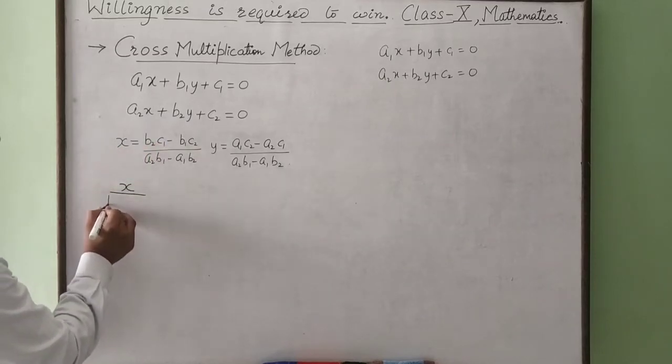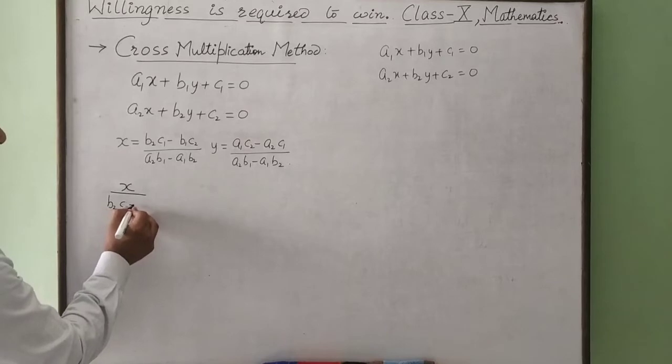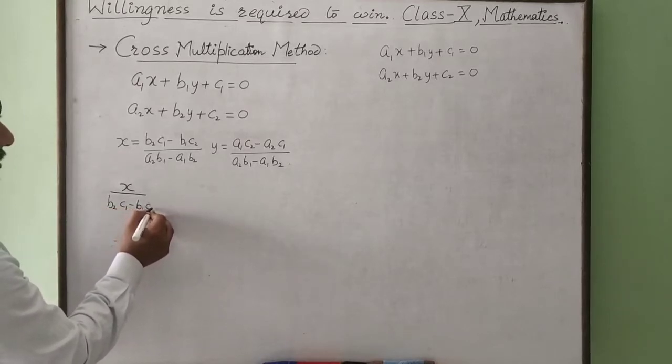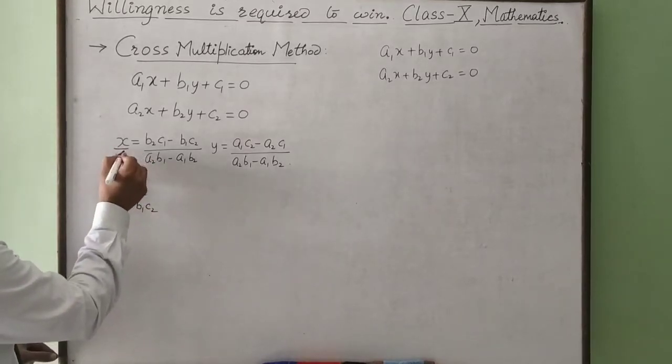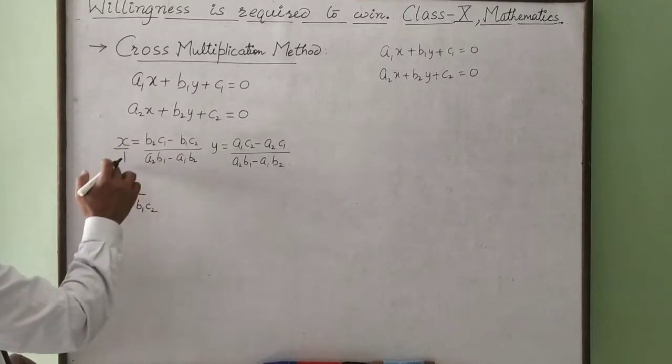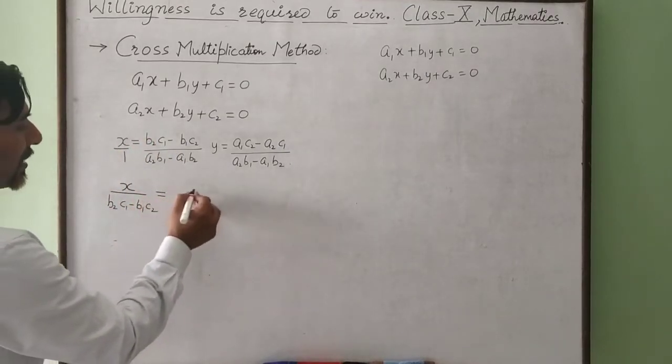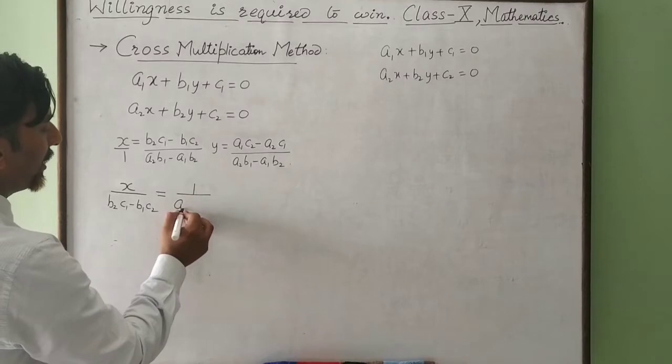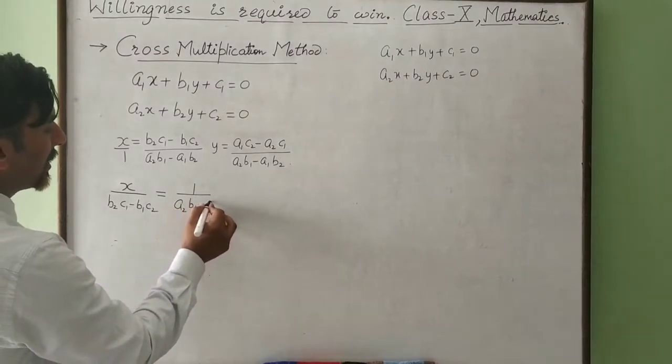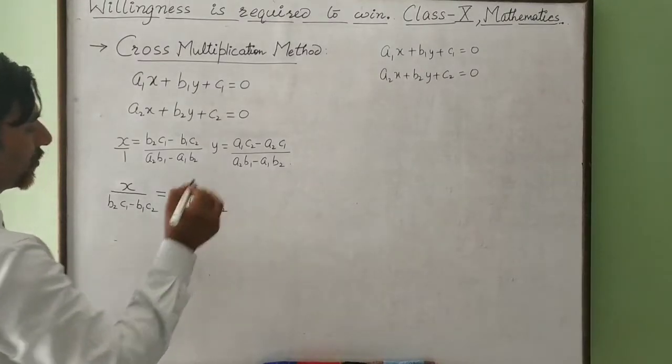So x upon b2 c1 minus b1 c2. What I have done is written it as x upon 1, so this will go in the denominator and I'll have 1 upon a2 b1 minus a1 b2.